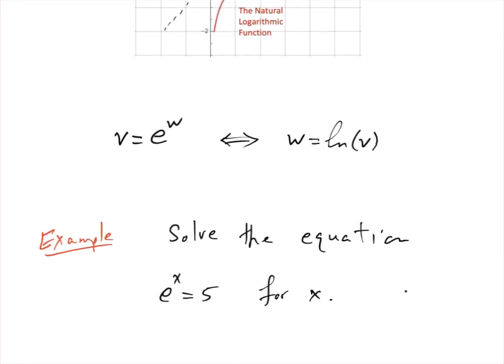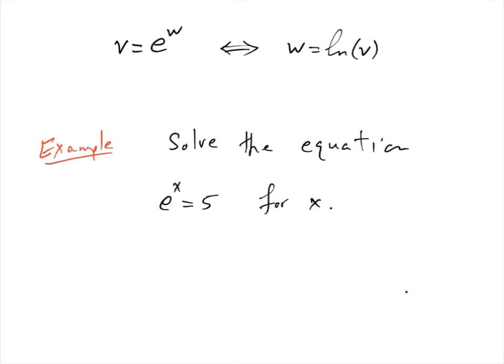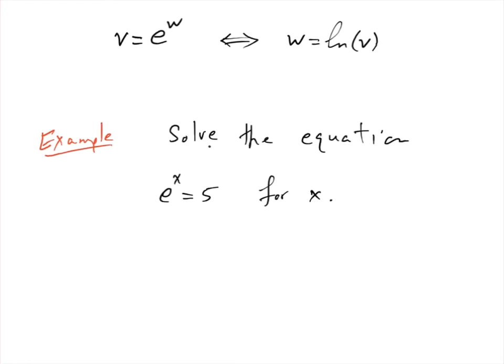Let's look at an example. So we want to solve this equation for x. We have e to the x equals 5. So the answer is simply x equals ln of 5. ln of 5 cannot be simplified, and you don't need to put it in a calculator and give an estimate for it.